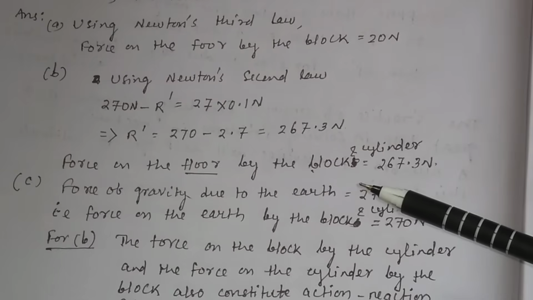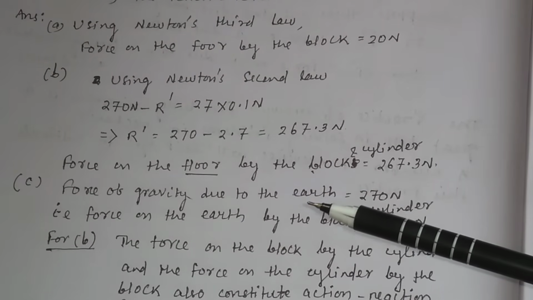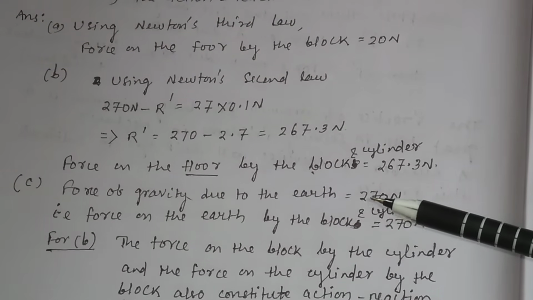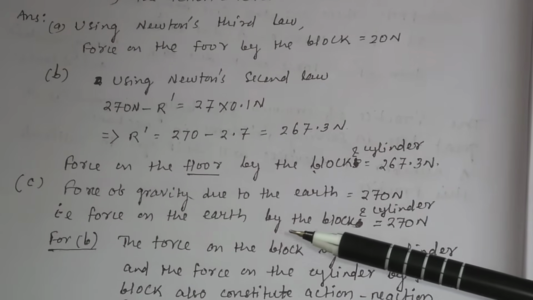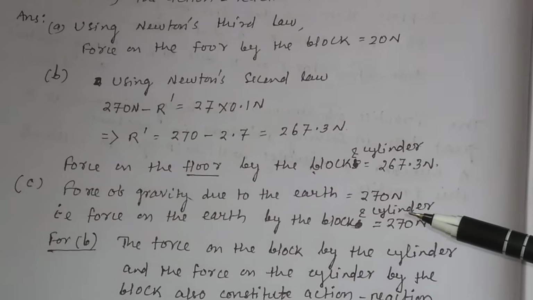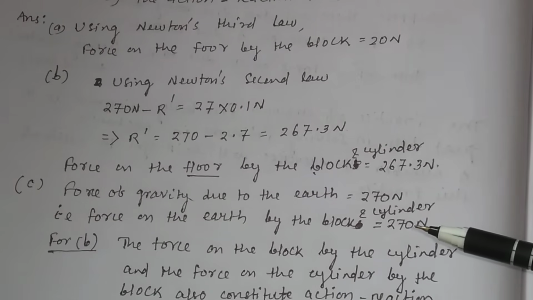So for the case A, the force of gravity due to the earth is equal to 270 Newton, that is the force on the earth by the block and cylinder system.